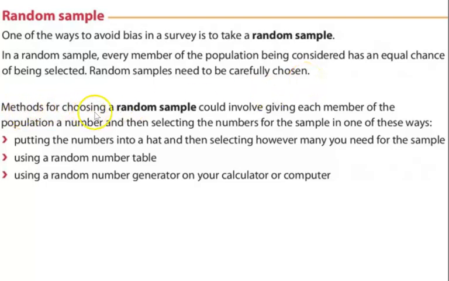Methods for choosing a random sample could involve giving each member of the population a number, and then selecting the numbers for the sample in one of these ways. Putting the numbers into a hat and then selecting however many you need for the sample. Using a random number table, or using a random number generator on your calculator or computer.